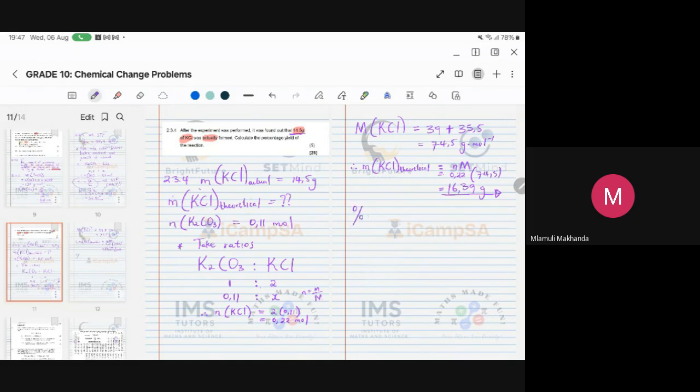Percentage yield: you take the actual yield, the mass that we formed, over the theoretical yield, and then you multiply by 100.